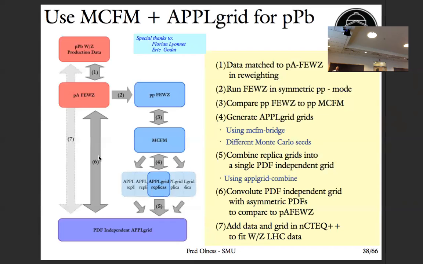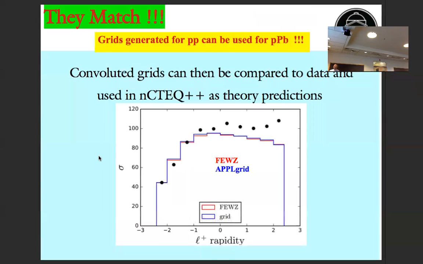And even more, even though we generated this for the pp case, because it's truly independent of the PDF, we can use it for the nuclear PDF case. And let me just show you the validation of that. So this is the red curve. The red histogram is FEWZ. We're looking at W plus production, CMS data here. But the red histogram is the FEWZ one, and that represents about a week of CPU.